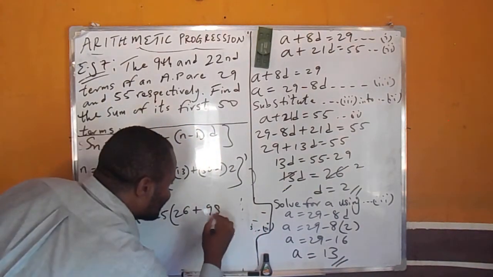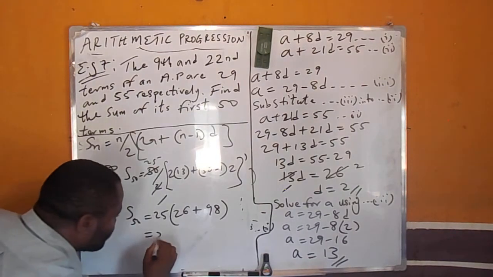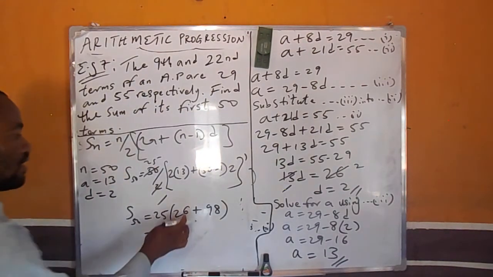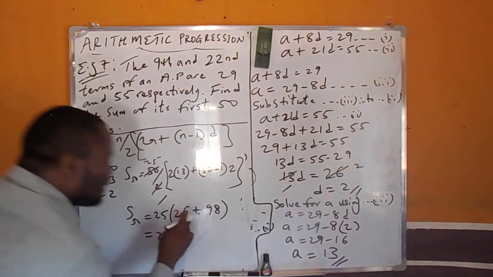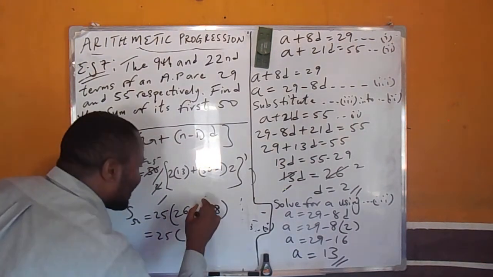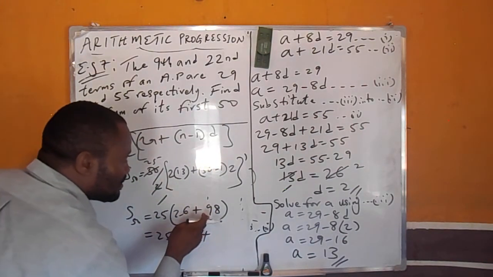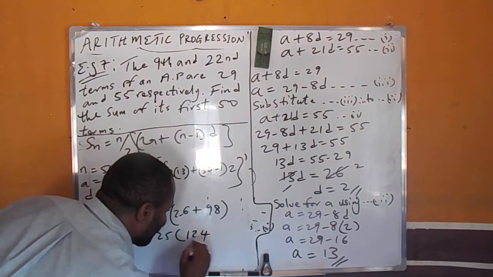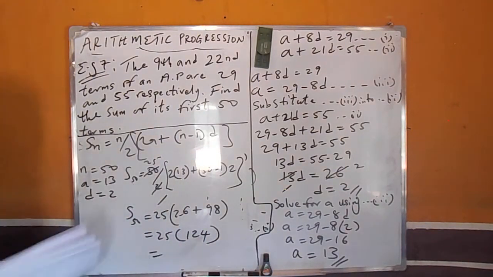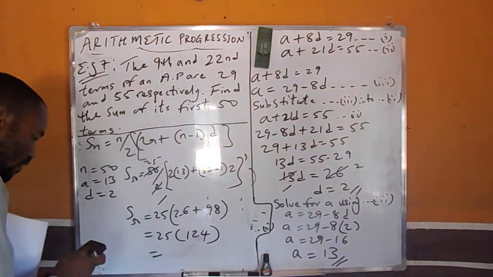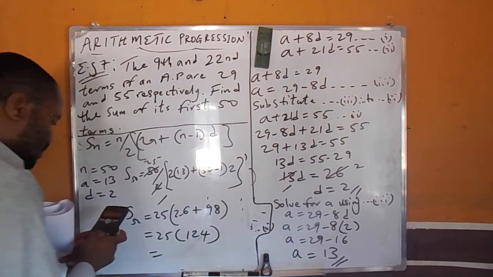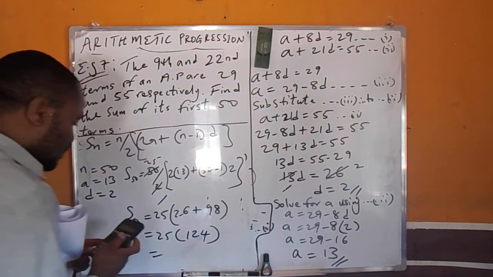So we have 25 times (26 plus 98), which is 124. That equals 25 multiplied by 124.